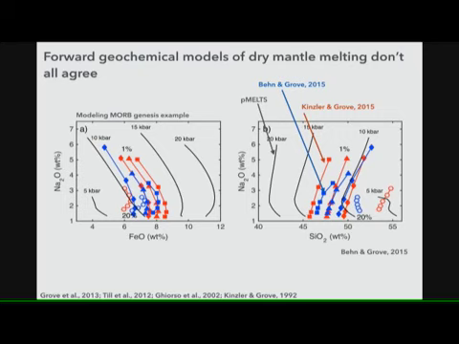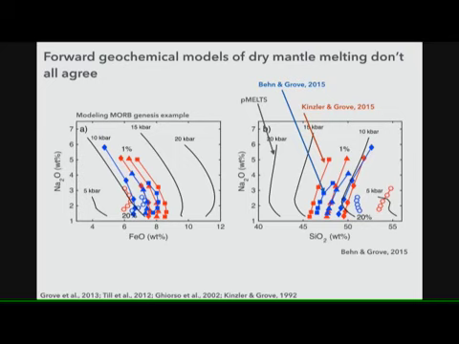And then P-melts is another popular model for looking at mantle melting compositions that you can use as a forward model. And the curves that it predicts are shown here in black for composition as a function of pressure. And then Bain and Grove is comparing its models to both of these here.